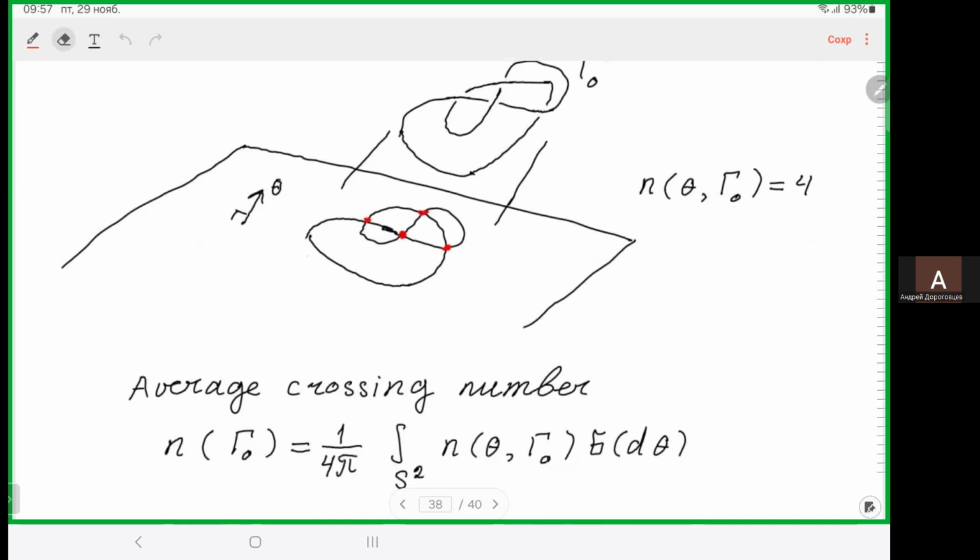And the average crossing number is the following. Here is the integral over the sphere over all these normal vectors theta. So we take the uniform distribution on the sphere and integrate this number of points of self-intersection of the projection. The obtained value is called the average crossing number.